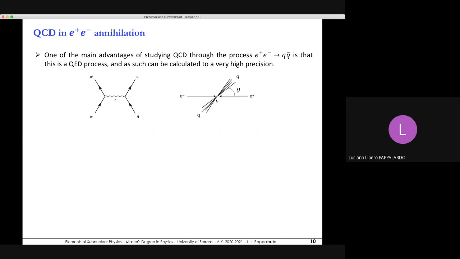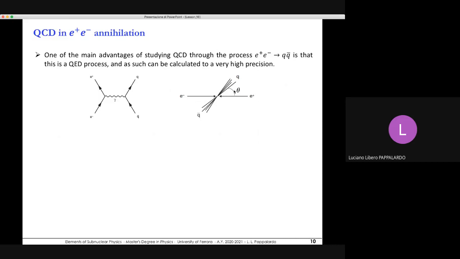Suppose you want to study this same process, but now providing a proton and an antiproton, the observation of your phenomena will be dirty, in the sense that in addition to the real physics that you want to study, you will observe many other jets which arise from the fragmentation of the proton and antiproton remnants, which are background for your studies.